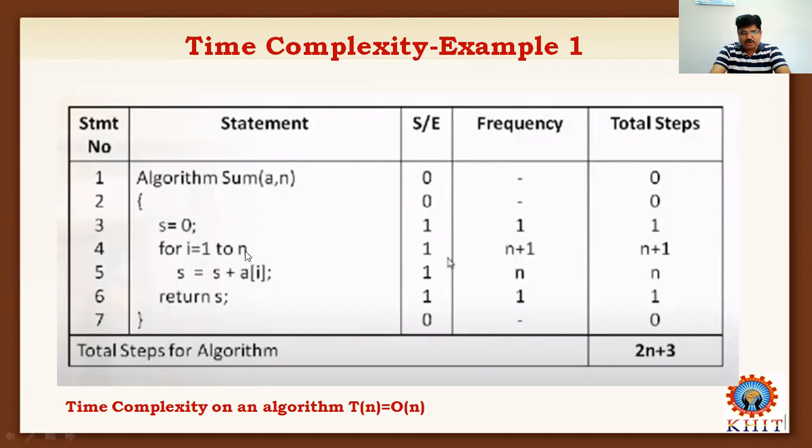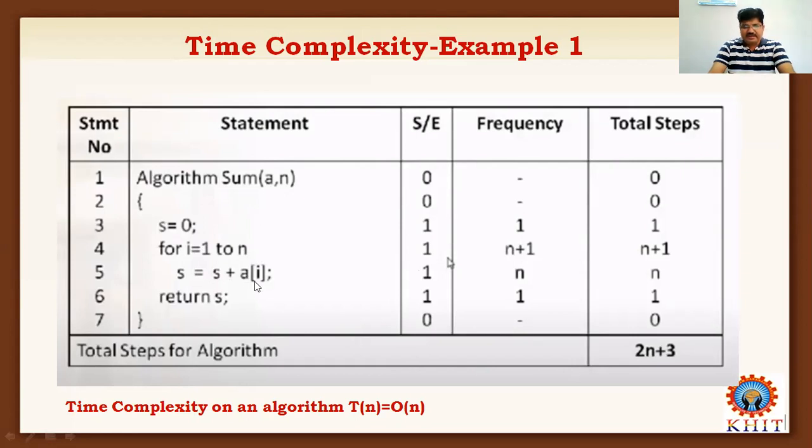So for the statement for i equal to 1 to n, the frequency count is n plus 1: n for the loop true, and 1 for the loop false. And the next statement: S equal to S plus A of i.